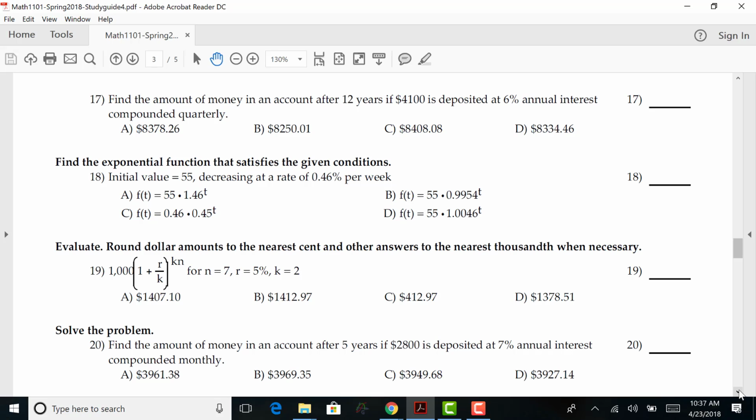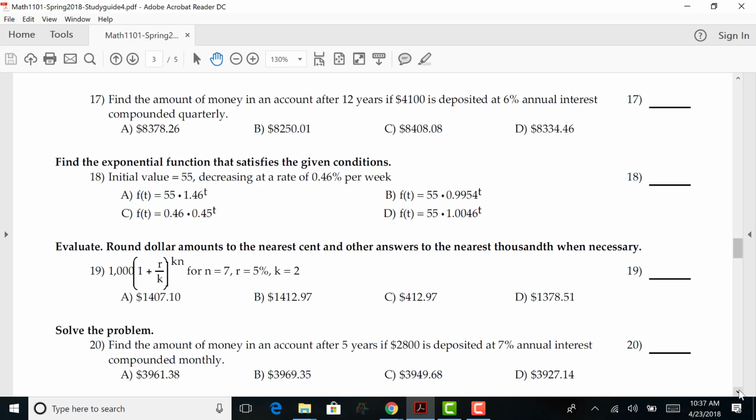Okay, so A is equal to, how much money did we invest? 4,100. So P is $4,100. What's the interest rate? 6%, 0.06, divided by how many times did they compound? Quarterly. How many times a year is quarterly? 4 times. So the k is going to be 4, raised to the 4 times how many years? 12. Put all of that in your calculator.